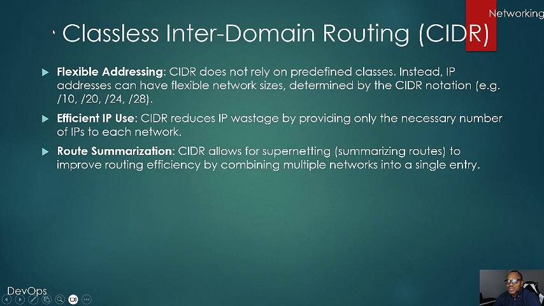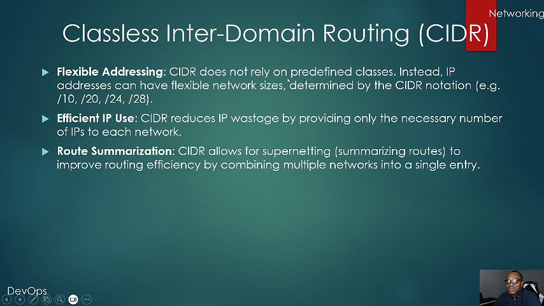And that brings us to classless inter-domain routing, which gives us an opportunity to have varying sizes of subnets. You can have /10, you can have /20, you can have /24, you can have as small as you want, you can have as big as you need.